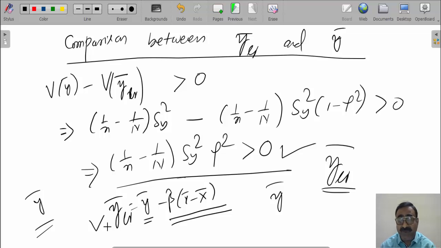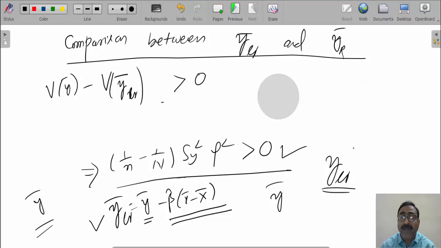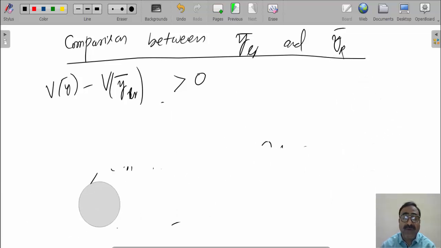Now we shall compare the linear regression estimator with the ratio estimator YR bar. The linear regression estimator will be more efficient than the usual ratio estimator if variance of the ratio estimator minus variance of the linear regression estimator is greater than 0.